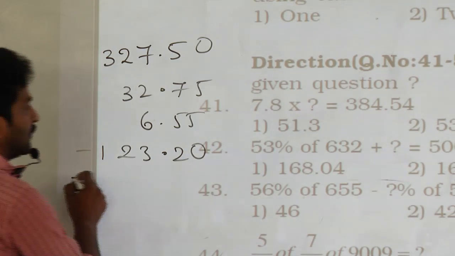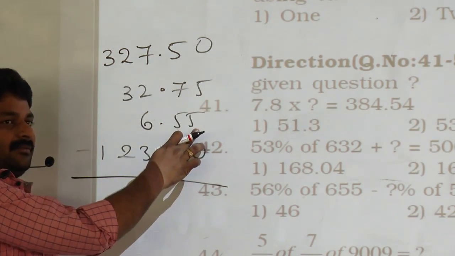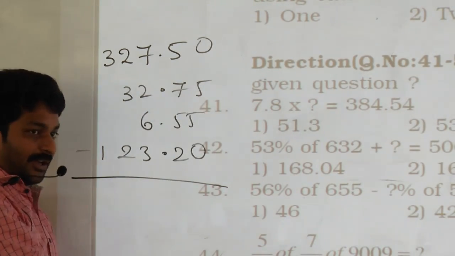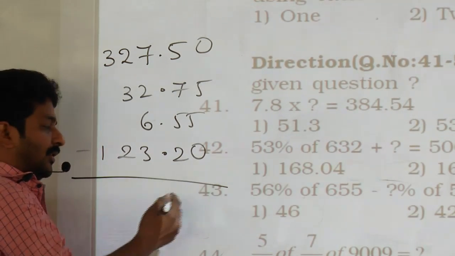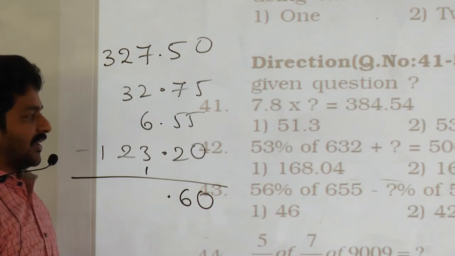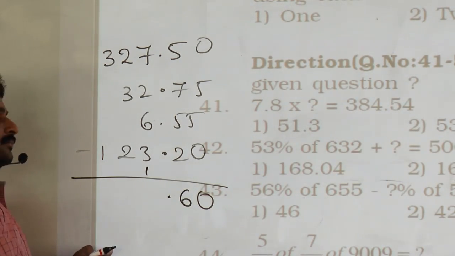Now 0.50, 0.55, 1.05, 1.05 plus 0.75, 1.80, 1.80 minus 0.20, 1.60. Every number should end with, I think, the percentage calculation. Fine.